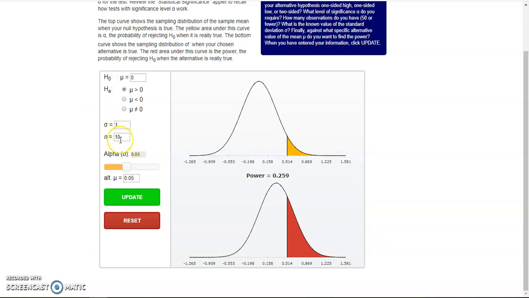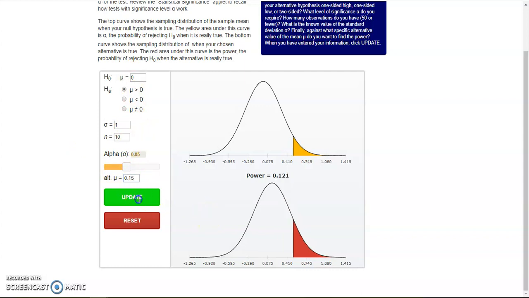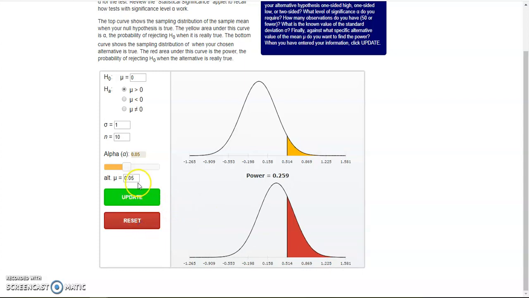Let's look at the difference between mu1 and mu2. What if we just move these two distributions apart? So here's this one, and let's say instead of 0.05, let's say 0.15. Oh, whoops. That's not a bigger number, that's a smaller number. I meant to do a bigger number. Let's say 0.5, instead of 0.05.